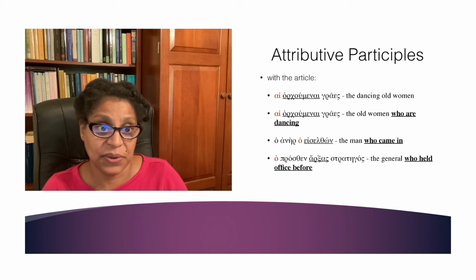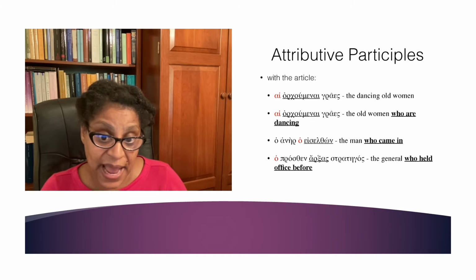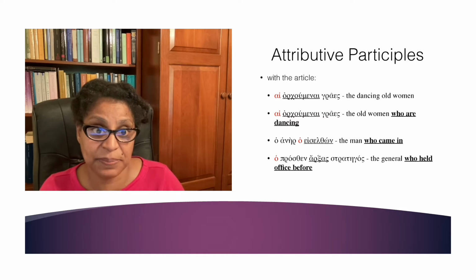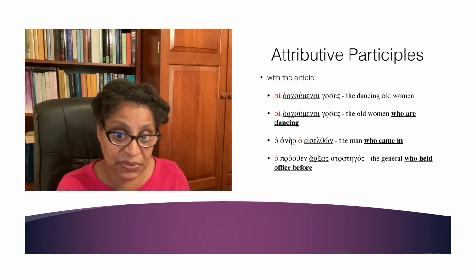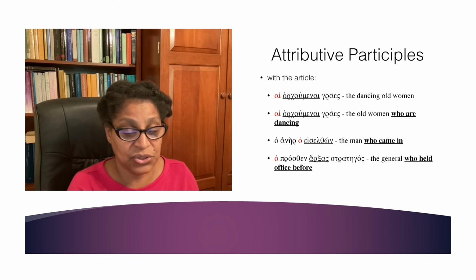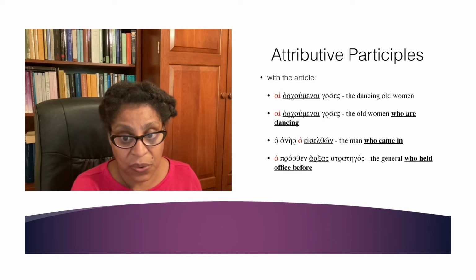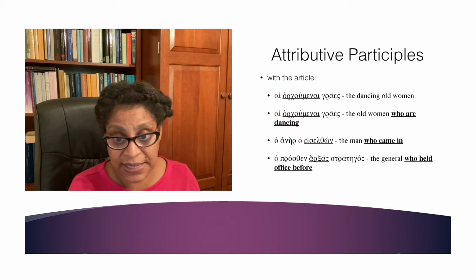But also important is the fact that they are adjectives, and so in this respect, the way adjectives behave, that is, whether they're attributive or predicative, is really, really important to get a handle on. So just as with an adjective, where it carries the article, it is attributive.